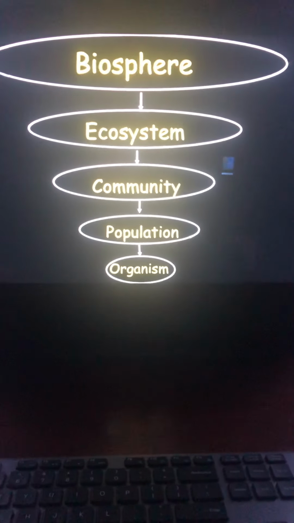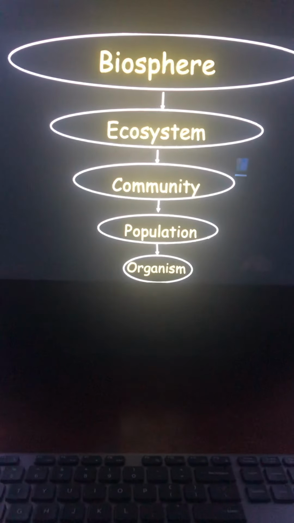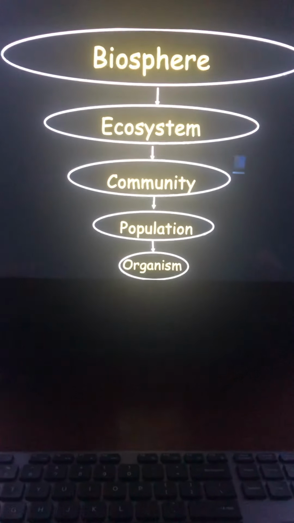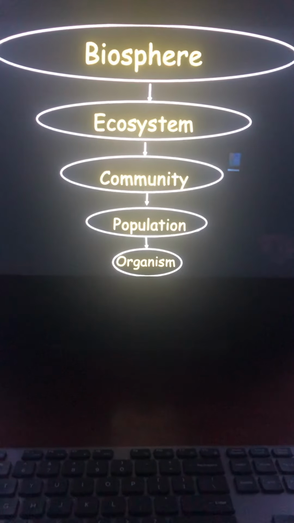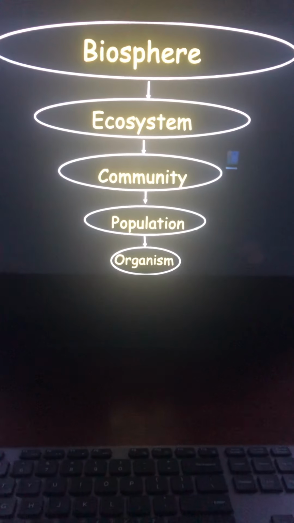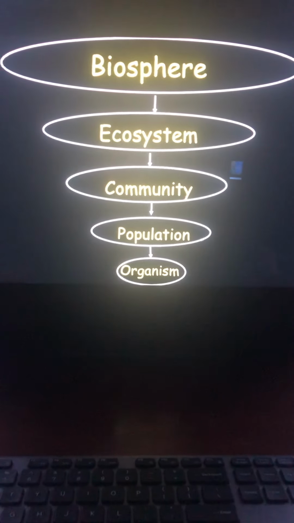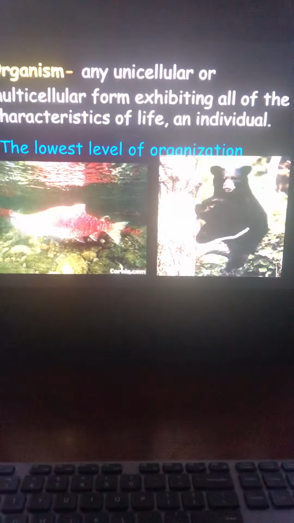Then if you get a bunch of populations, we call it a community. When you throw in a bunch of populations that make up the community with all of the non-living parts of the community, like the water and the soil and the atmosphere, then we say it's an ecosystem. And then we finally get to our last level, which is the biosphere. And that is the part on Earth where life exists, all life.